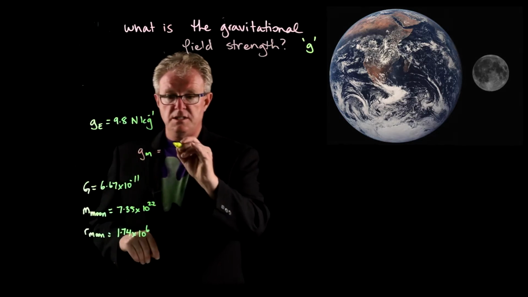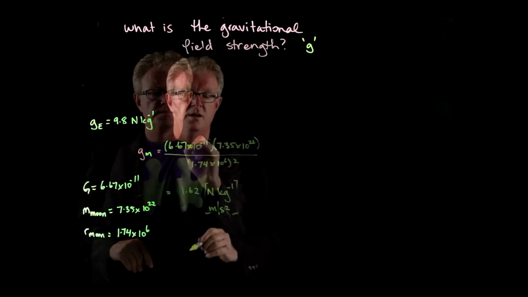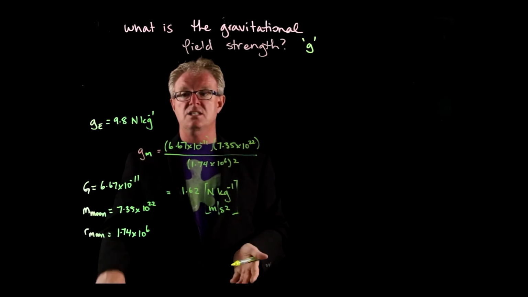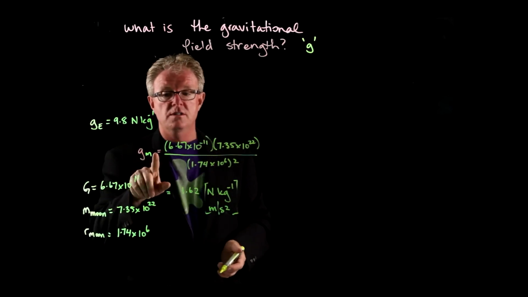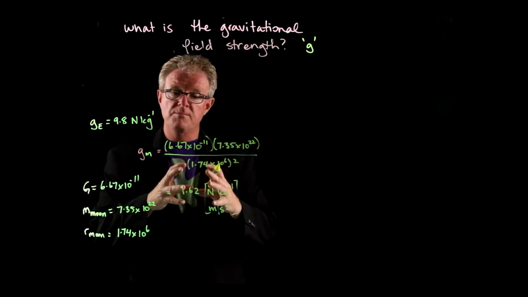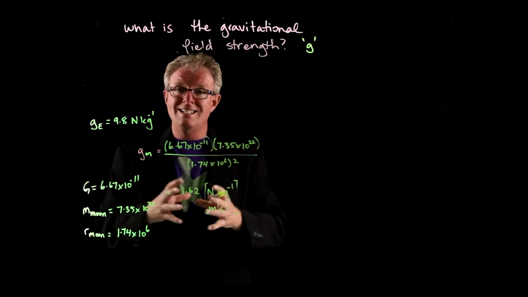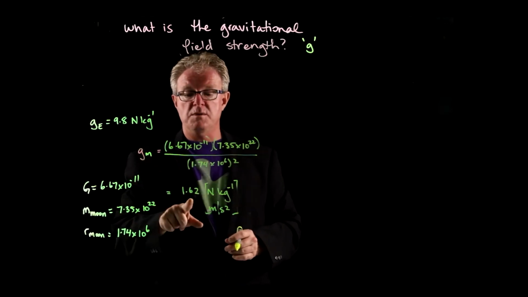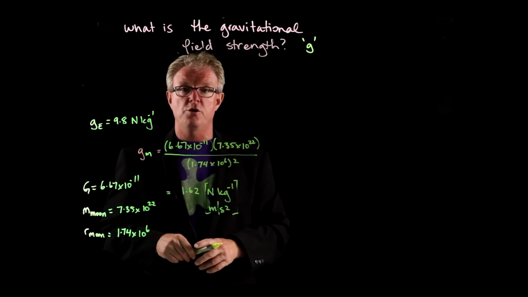So when we plug this in, we can see we've got 1.62, which is 1/6 the value on Earth. The Moon is a lot smaller, has less mass, and the radius is smaller, so it turns out to be 1/6 the value for Earth.